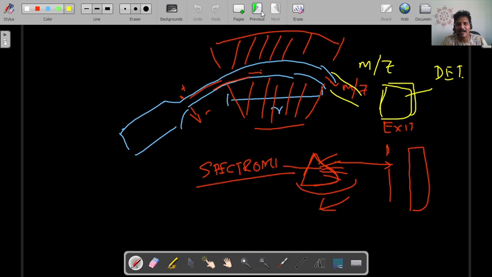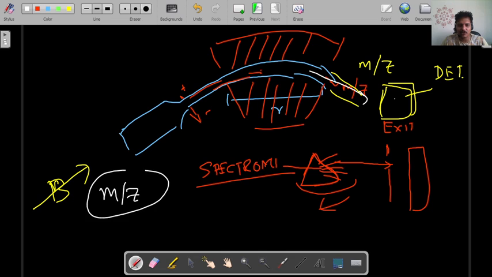So as you change your magnetic field intensity, only a particular mass to charge ratio ion will come out of this tube and reach your detector. So you are categorizing the different mass to charge ratios by changing the magnetic field intensity.